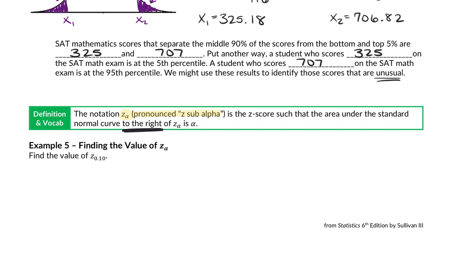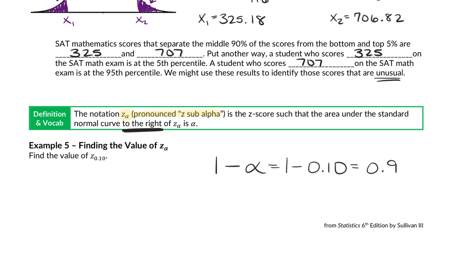So if the question asks you to find z sub 0.1, that means that we can quickly come over here and do 1 minus alpha to see what value we're looking for. This would be 1 minus 0.10, which for this problem is 0.9.